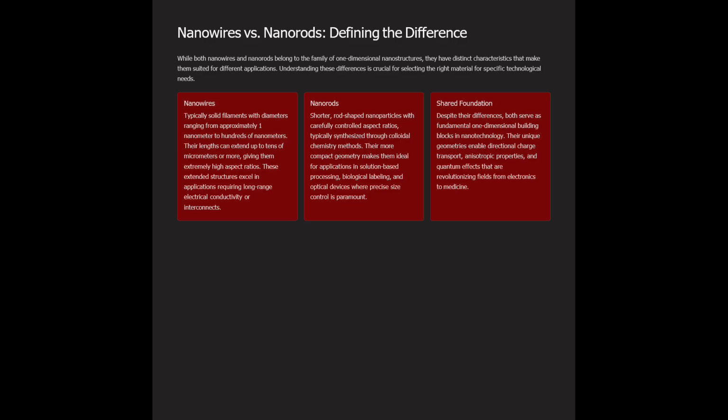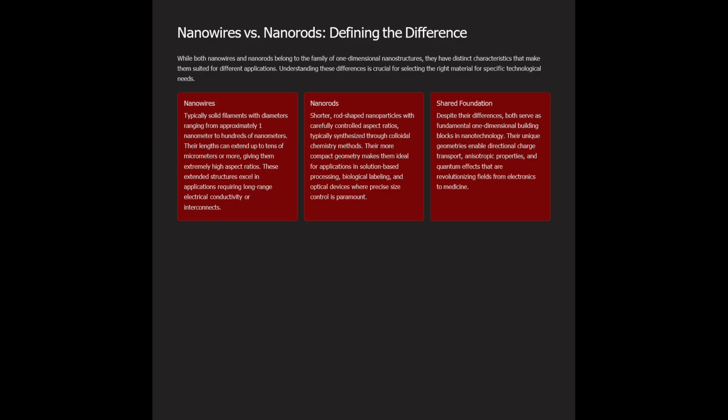This extended structure is excellent in applications requiring long range electrical conductivity or interconnection. Nanorods are shorter rod-shaped nanoparticles with carefully controlled aspect ratios, typically synthesized through colloidal chemistry methods.